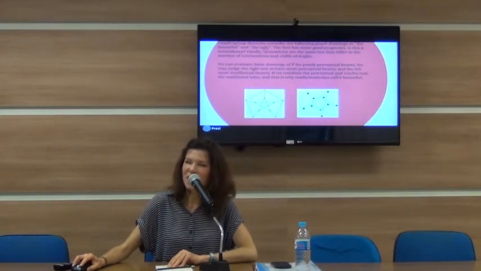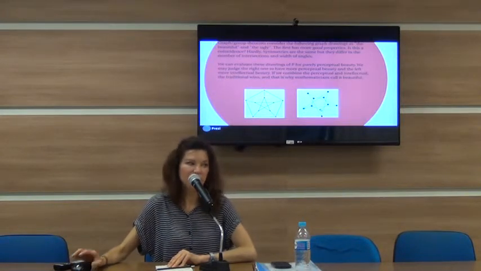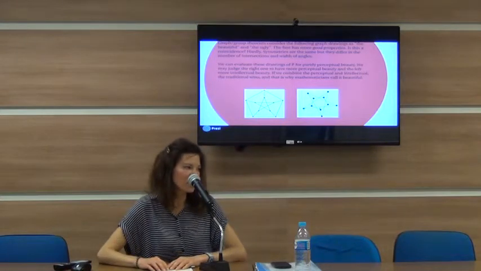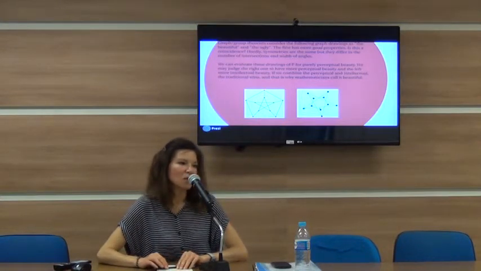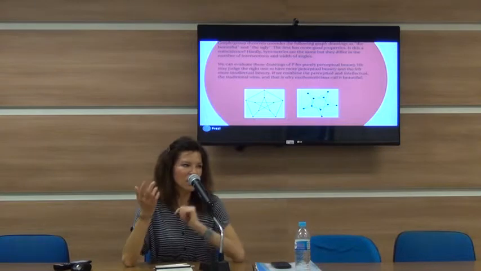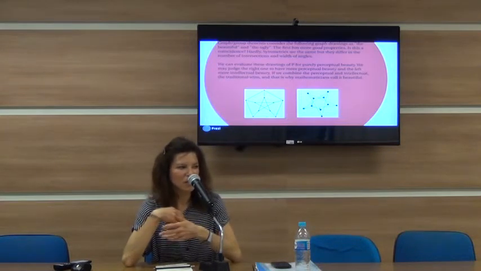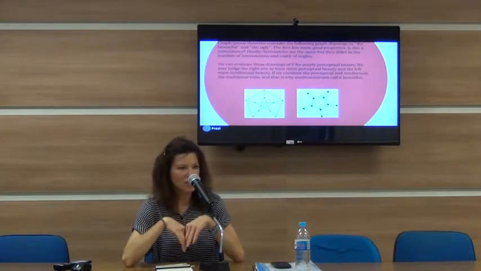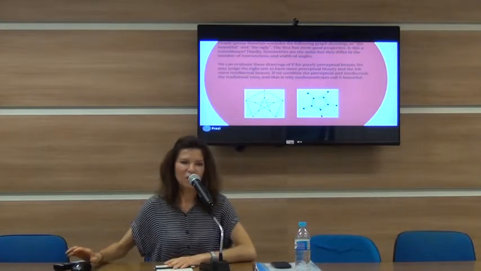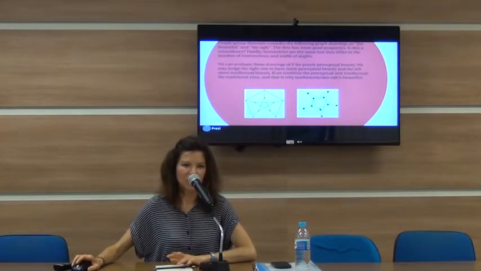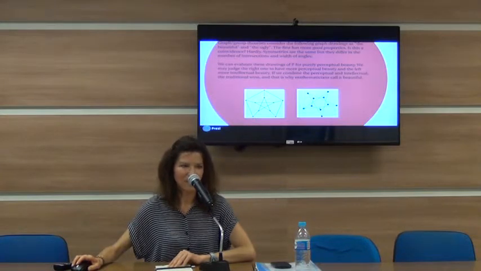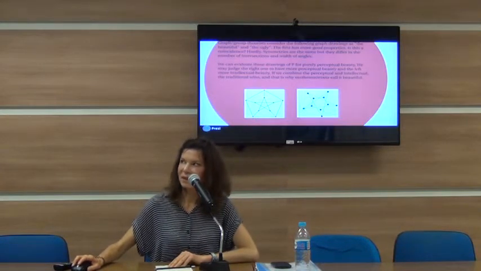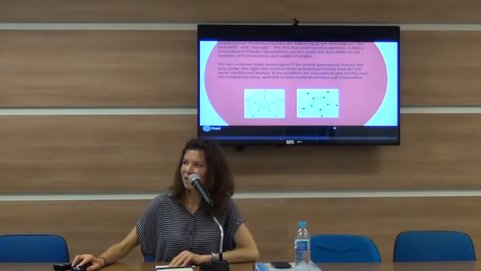So I would say in this drawing we have more noise, in the sense that it's much more difficult to get the information about the structure of the graph from the second drawing than from the first drawing. Would you agree? I think so.